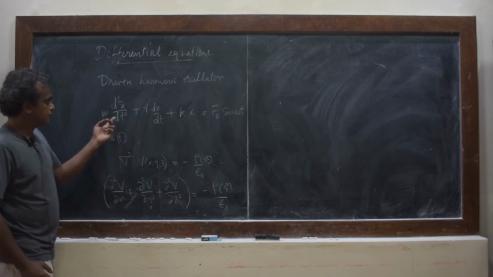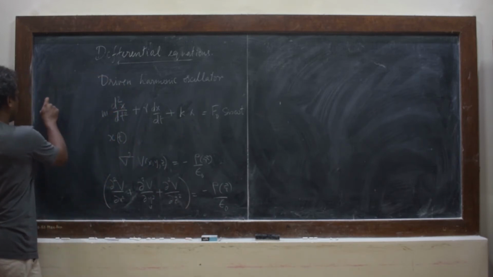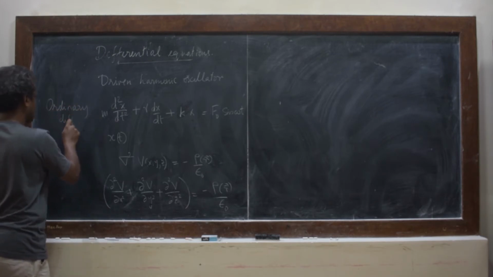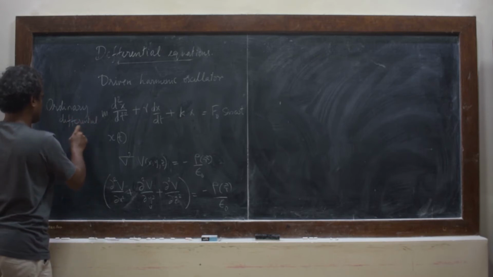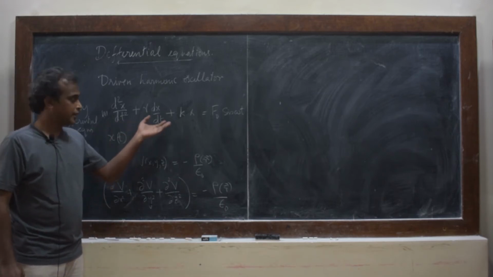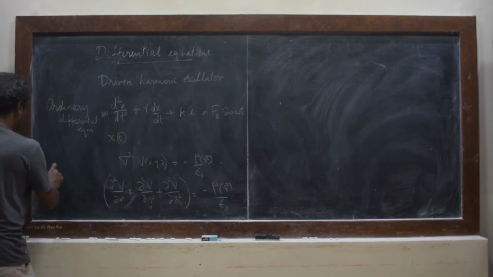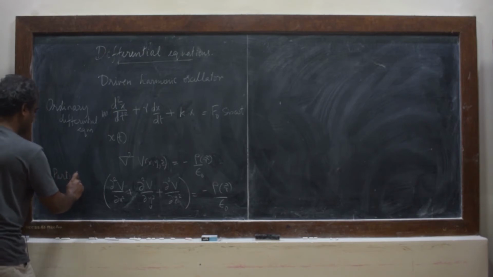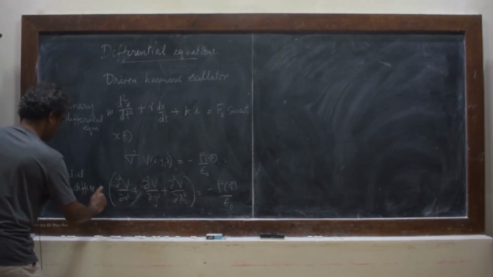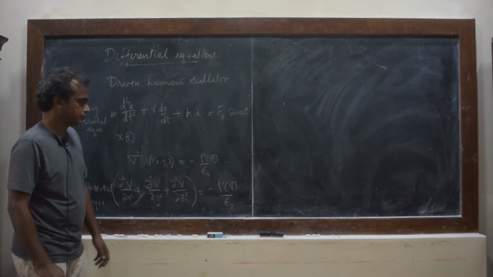The first class, which involves derivatives with respect to just a single variable, is often classified as ordinary differential equations, because they involve only ordinary derivatives with respect to a single variable, in this case t, while the second one are examples of partial differential equations, for obvious reasons.